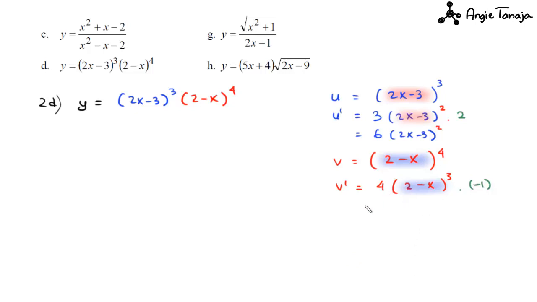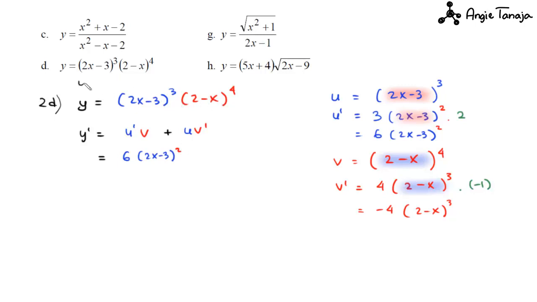Okay, so this will be negative 4 times 2 minus x cubed. Now we're going to use the multiplication rule, in which we have u prime v plus u v prime. So we're going to apply that. Our u prime is this one, 6 times 2x minus 3 squared. Because this is multiplication, this is u times v.